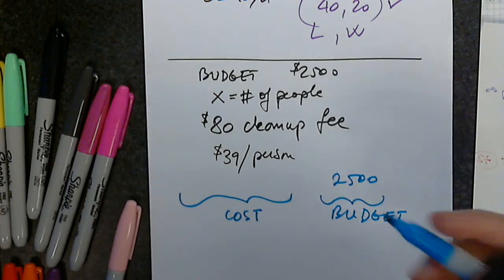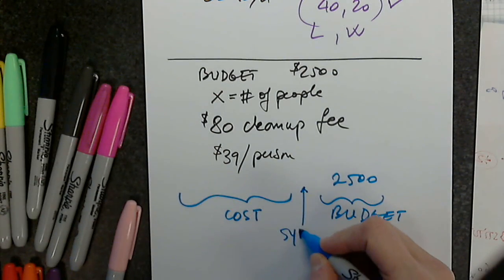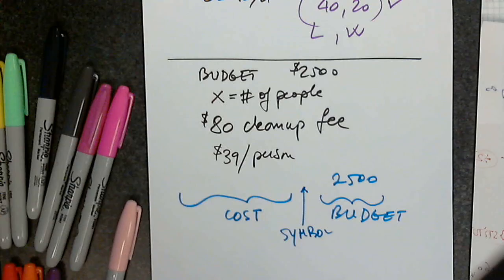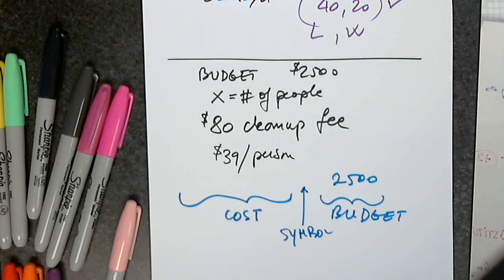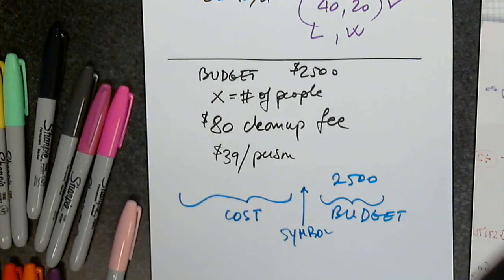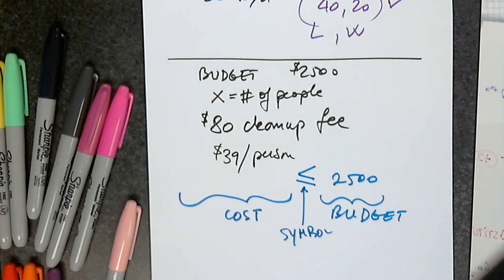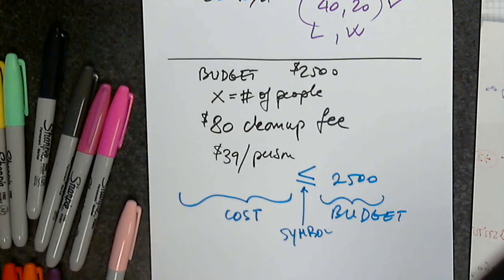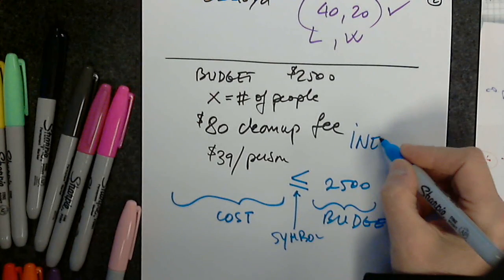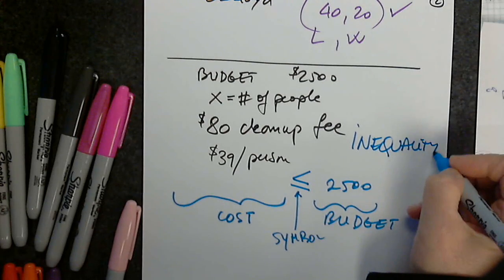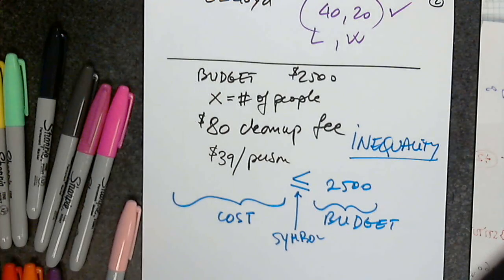What symbol should I have here? Less than or equal to. Right? I want to stay within the budget. It can be a little bit less, but it cannot exceed the budget. And it can be equal. But it's an inequality. Not an equation.